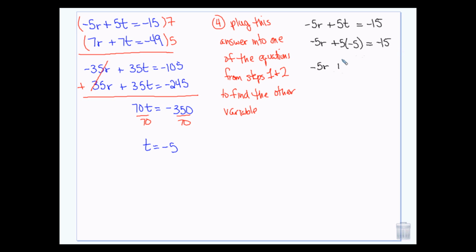So negative 5r minus 25 equals negative 15. Add 25 to both sides. You get negative 5r equals 10. So r equals negative 2.